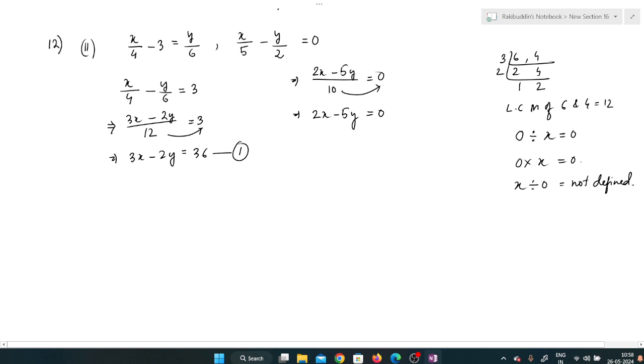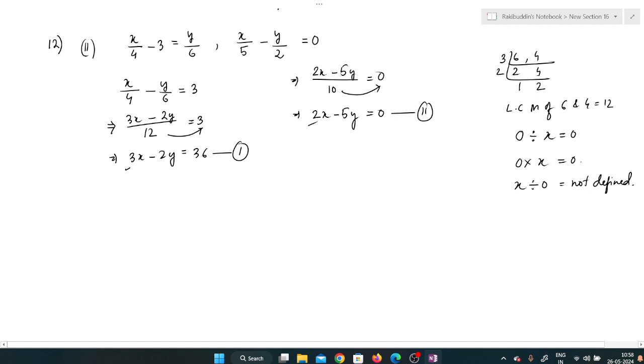So now we have two equations. The equations look familiar to us as we have done in earlier questions, it is in the proper form. So you can apply the elimination method here. Here is 3, here is 2.